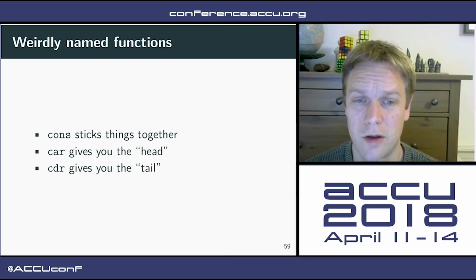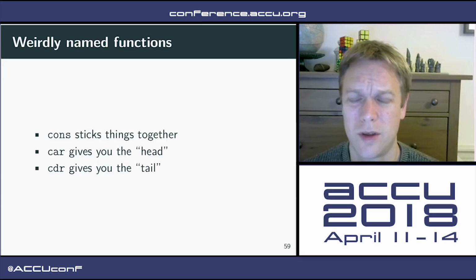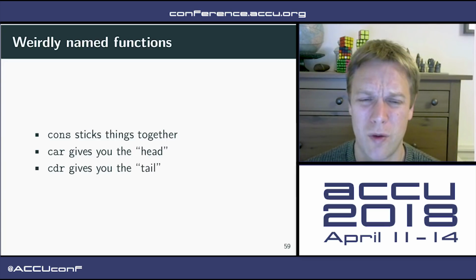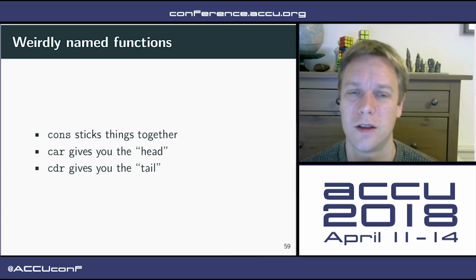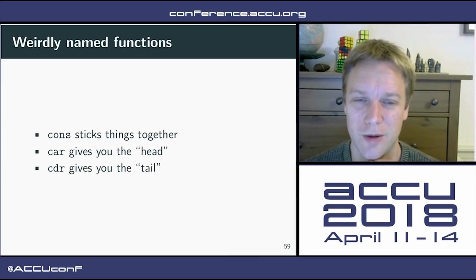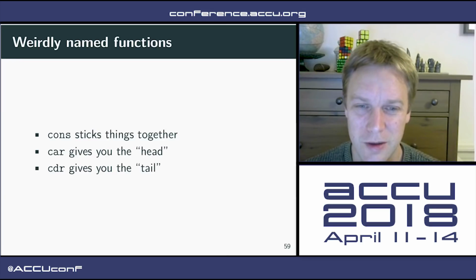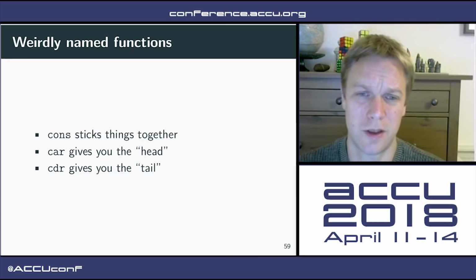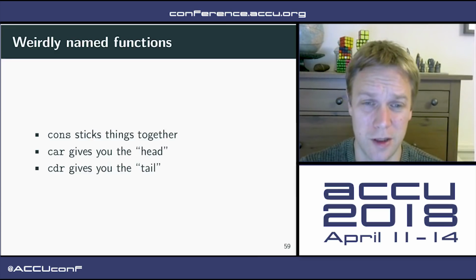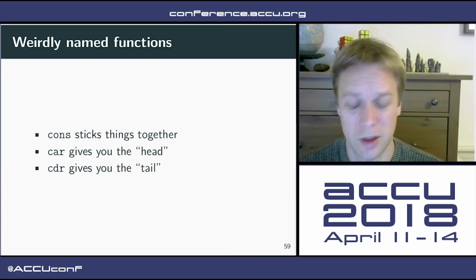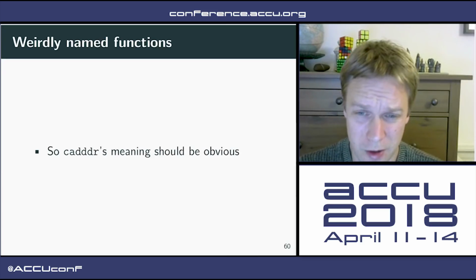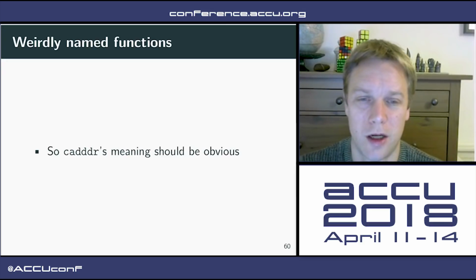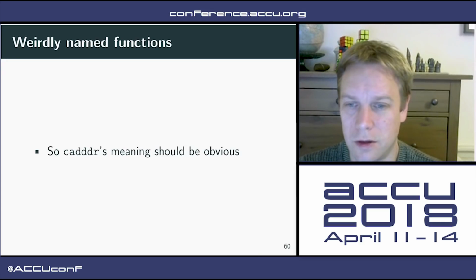So they named car and cdr after the parts of the address register in the IBM 704 machine, I think, or some very old IBM machine which they were designing this on, completely failing successfully to abstract themselves from the ideas of the machine into a pure mathematical world. But there we are, we're stuck with it. And now that you know what car and cdr mean, it should be pretty clear to you what cadr's meaning is.